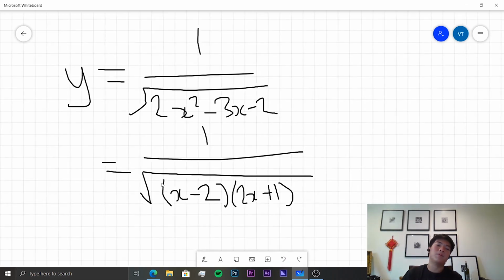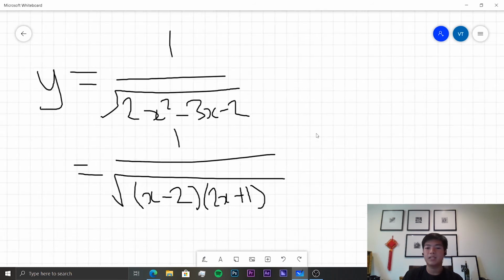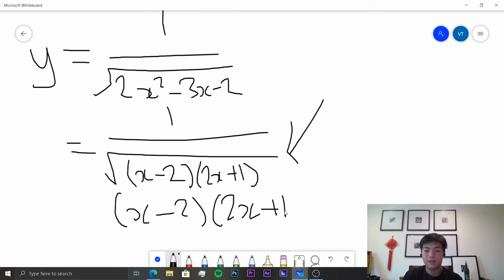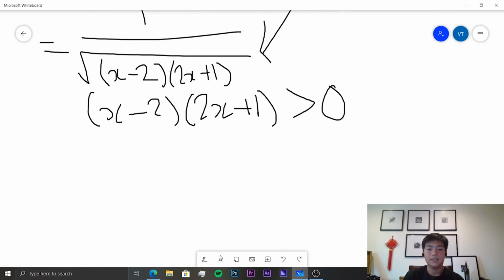This is a bit more of a complex function, because the function will only be defined if x minus 2 times 2x plus 1 is greater than 0. If it's equal to 0, you can't divide by 0, and if it's less than 0, you can't take the square root of a negative number. So let's find the values for which this is true.